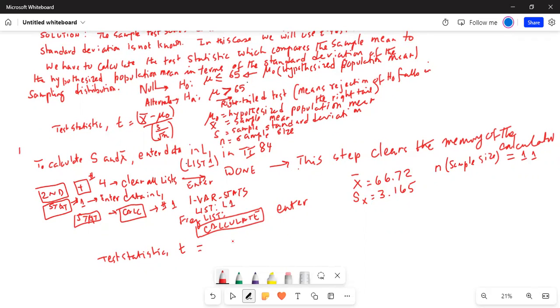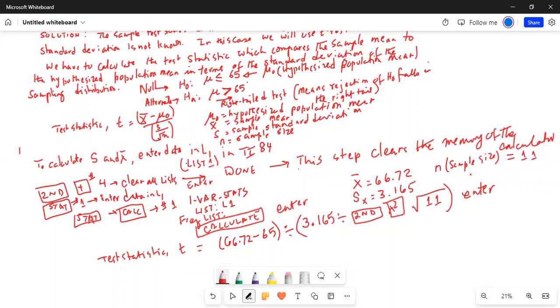So T is equal to X bar, 66.72, minus mu sub 0, which is the hypothesized population mean, 65, divided by parenthesis Sx, 3.165, divided by second, then the x square button, which is in the first column halfway down, gives me the square root. Inside the square root, sample size 11. Close the parenthesis and hit enter.